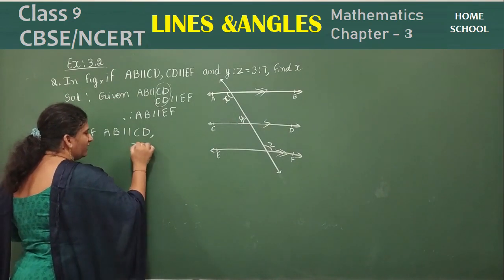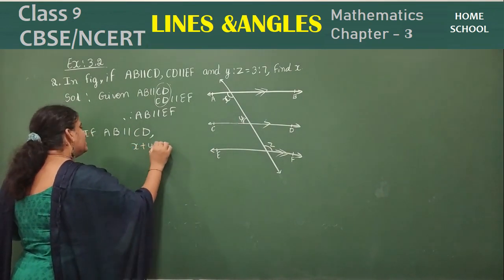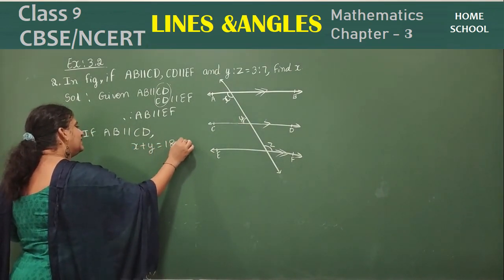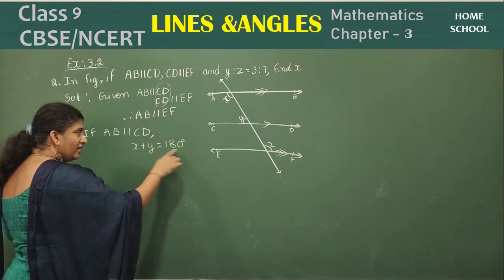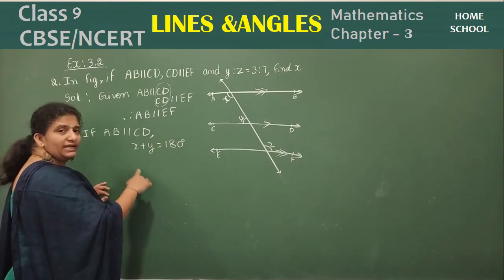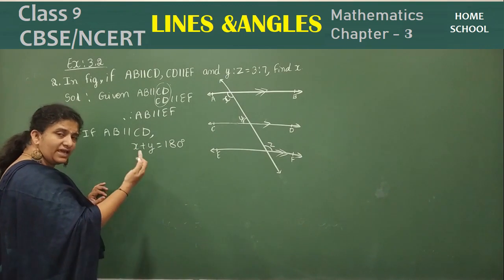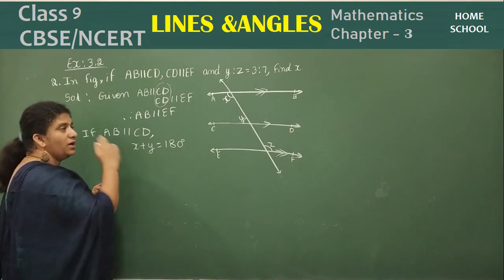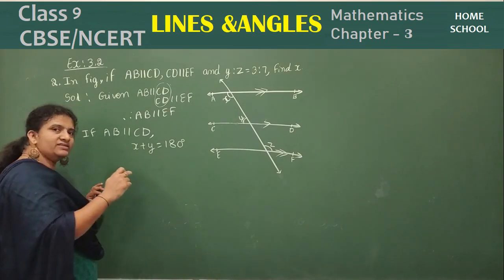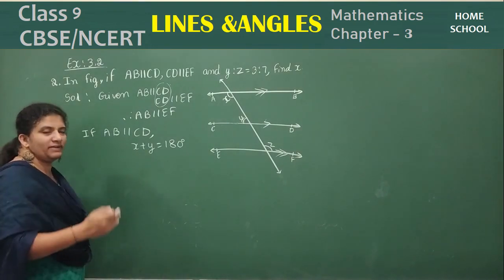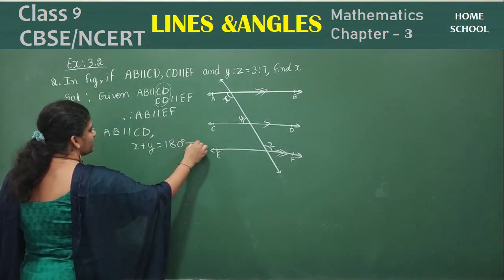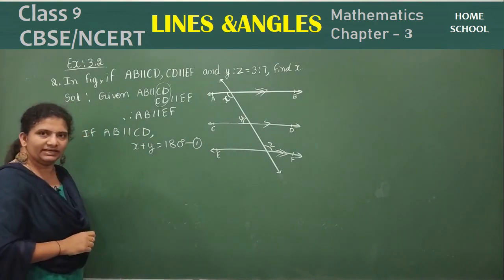I'll write x plus y is equal to 180 degrees. That is, interior angles on the same side of a transversal between two parallel lines have a sum that is supplementary: x plus y is equal to 180 degrees.